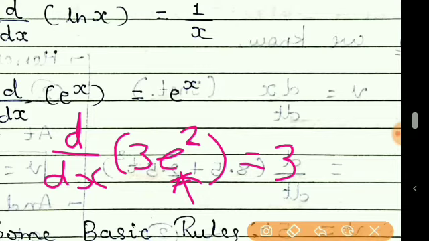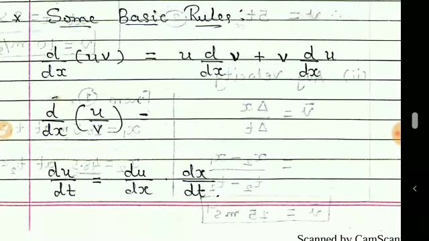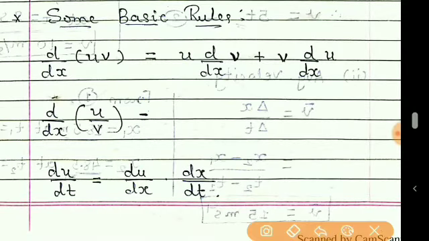If it is x, then we use that previous relation, but here it is a constant exponent, and it will remain the same, so it is e raised to 2 only. So 3e square. Now students, there are some more rules, but I will not explain them at present. Whenever their use comes in any example, then I will explain these rules. At present it is not required.